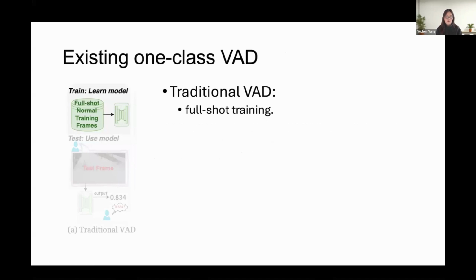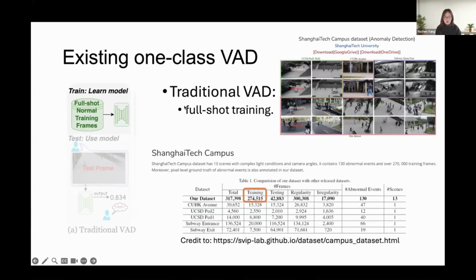The traditional video anomaly detection usually relies on a full-shot training mechanism, where the entire video dataset is used to learn patterns of the normal behavior. For example, the widely used ShanghaiTech dataset consists of nearly 300,000 frames specifically for training.